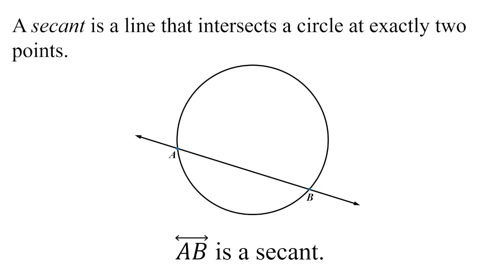Now, don't get it confused with line segment AB. Line segment AB is a chord. Line segment AB would just be this part, okay? But the line that goes through the circle at these 2 points would be a secant.